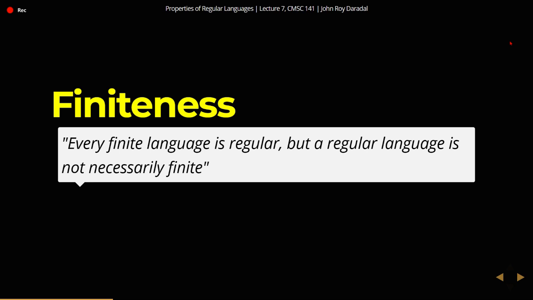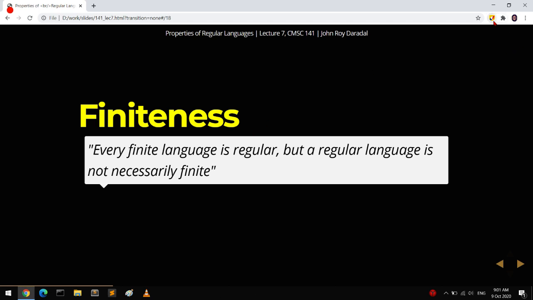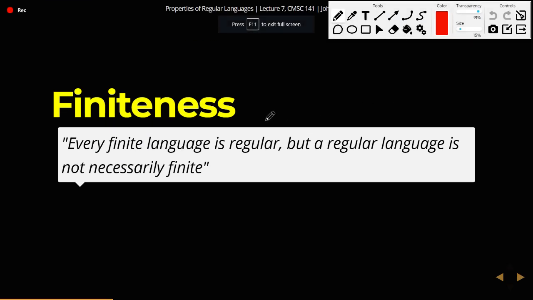Okay, so that's emptiness. Now let's move on to finiteness or infiniteness. We have this statement here: every finite language is regular, but a regular language is not necessarily finite. So what does this mean? If it's a finite language, that means that you could actually enumerate everything. Then that is automatically a regular language, because if we can enumerate everything, then we could just write the corresponding regular expression.